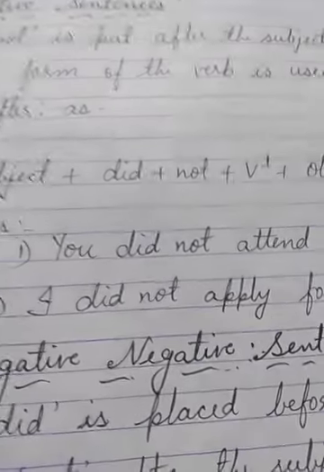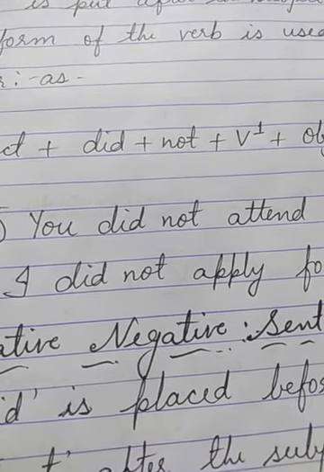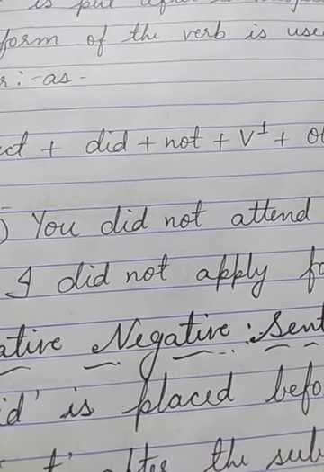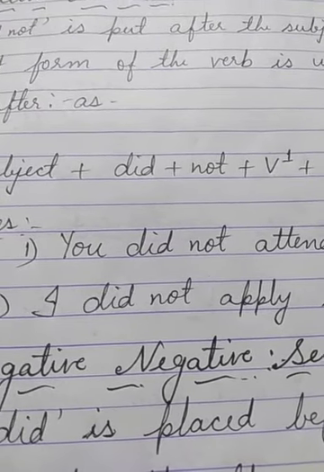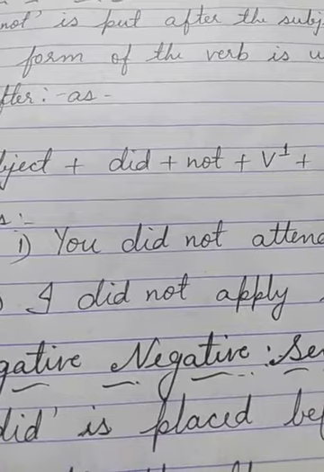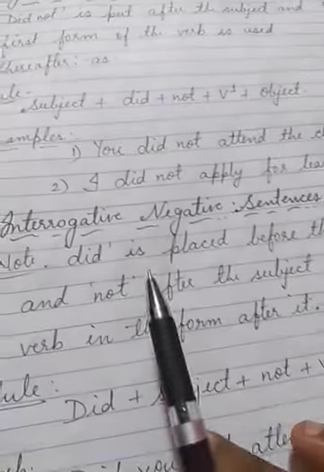There are two types of interrogative sentences. The first is yes or no type, which starts with the helping verb. Here the helping verb is only did, so you will start with did. The second is the WH type. See here what the rule is for interrogative sentences.